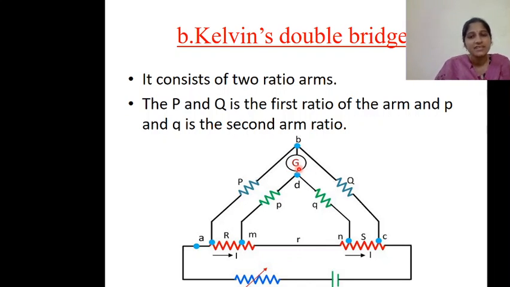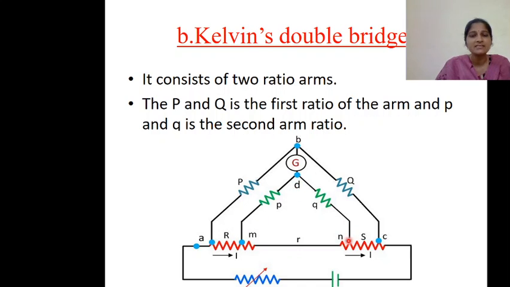This null deflection will be observed only when the voltage VAB is equal to VAMD. Notice these points. A is the starting point, then B, and this is C. ABC is the outer ratio arm, and the inner ratio arm is MDN.